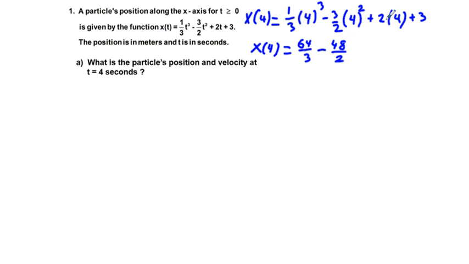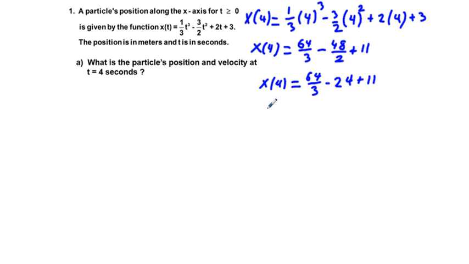And then 2 times 4 plus 3 is 8 plus 3, so plus 11. So x of 4 is going to be equal to 64 thirds, and 48 over 2 is minus 24, plus 11.